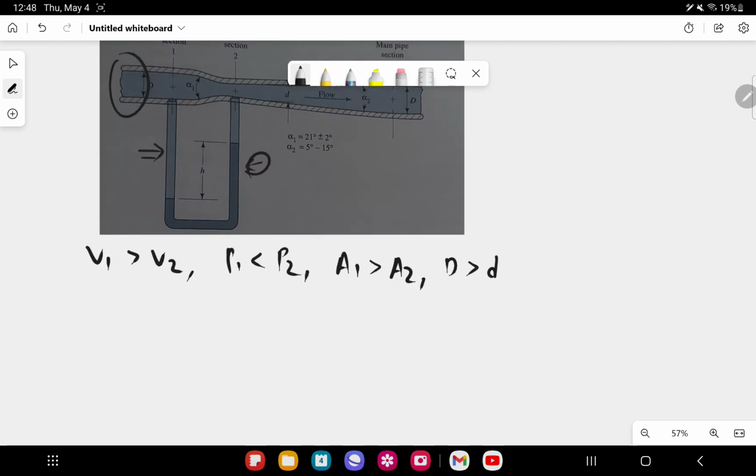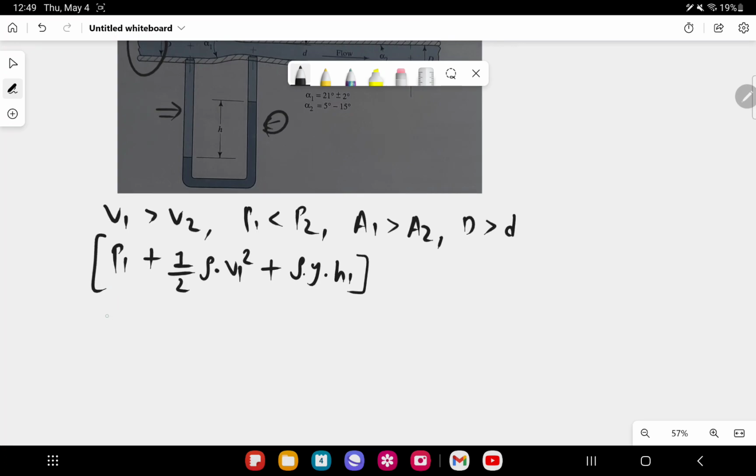So the total pressure at section 1 is equal to the static pressure at section 1, which is denoted by P1, plus the dynamic pressure, which is equal to 1/2 rho V1 squared, where rho is the density of the fluid and V1 is the velocity of the fluid at section 1, plus rho times g times H1, where H1 is the elevation of section 1.